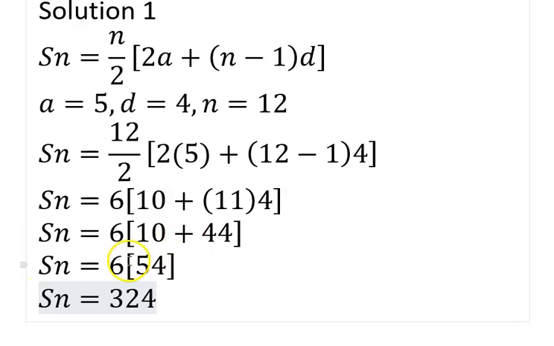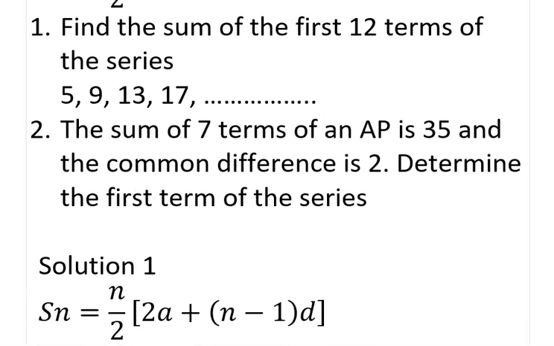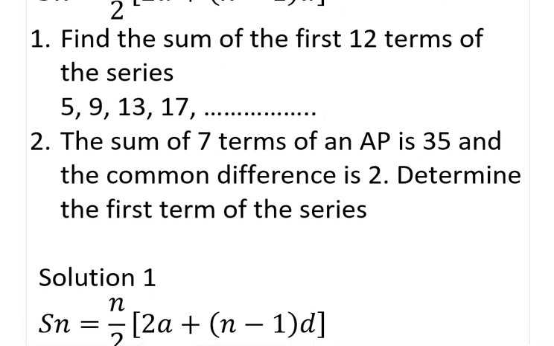Beautiful. So this is the sum of the first 12 terms. So what we are trying to say is this: since our first term is 5, our second term is 9, that is plus 4, our third term is 13, that plus 4, our fourth term is 17 plus 4, then our fifth term we will add 4 to it, that will give us 21.